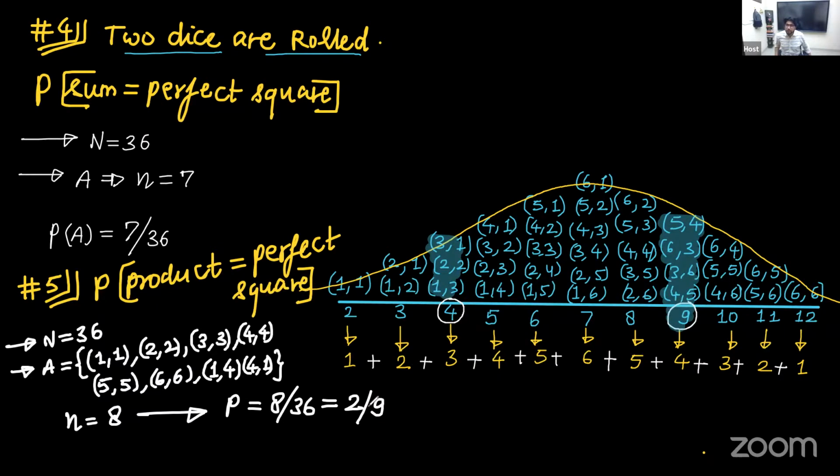But rolling 2 dice or tossing 2 coins or rolling 3 dice, 4 dice, or tossing 5 coins is actually not a single finite sample space. It's called a compound sample space. And we will deal with it later.